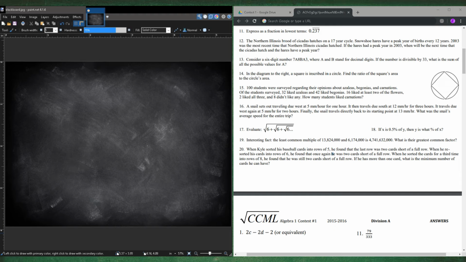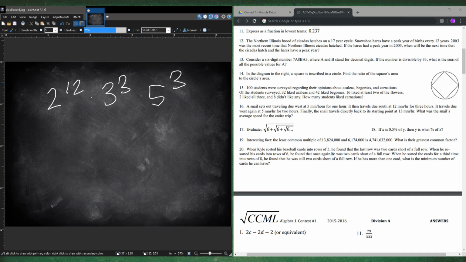What is their greatest common factor? If you have a calculator, you kind of just do this in your calculator. So you factor 13,824,000, and you get 2 to the power of 12 times 3 to the power of 3 times 5 to the power of 3.